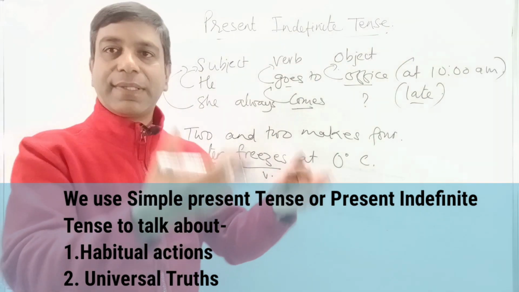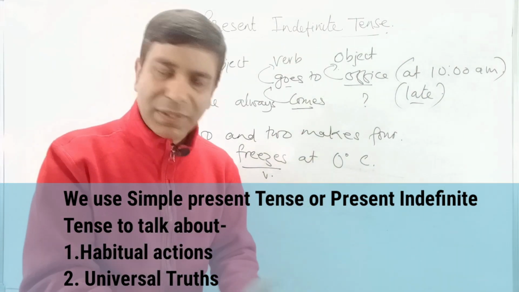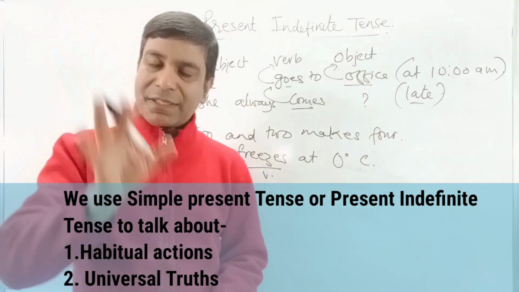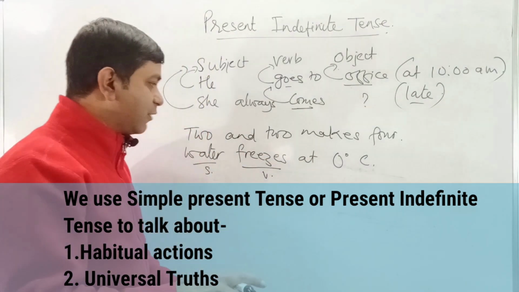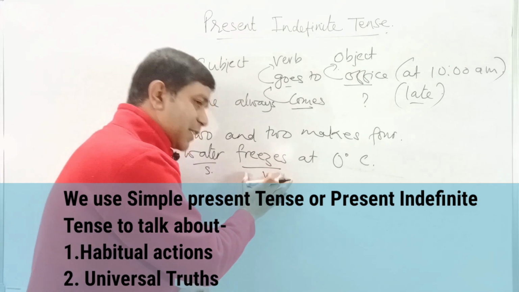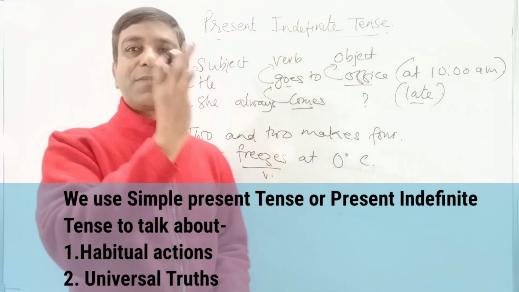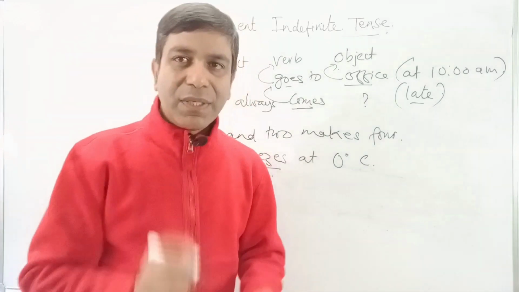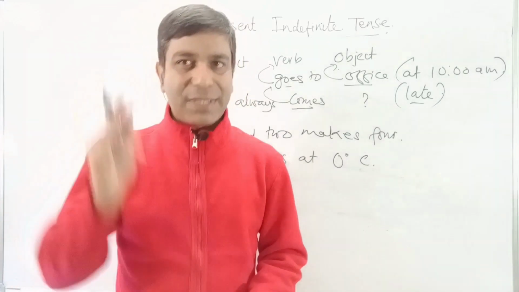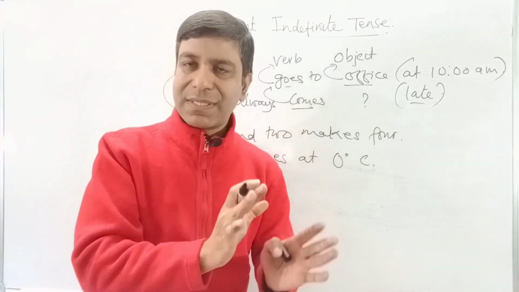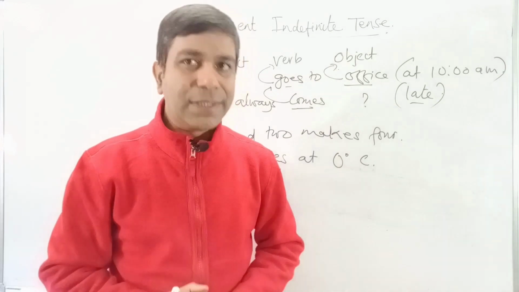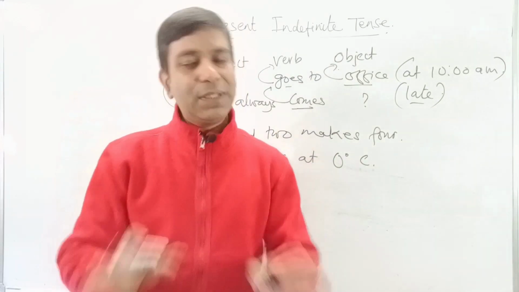"At 0 degrees Celsius" is the extra information given in the sentence. So one subject, one verb. That means indefinite tense. What kind of indefinite tense? Since the verb freezes is in present tense, it is present indefinite tense. So remember, we use present indefinite tense to talk about actions that happen on a daily basis in a habitual manner and to talk about universal truths.